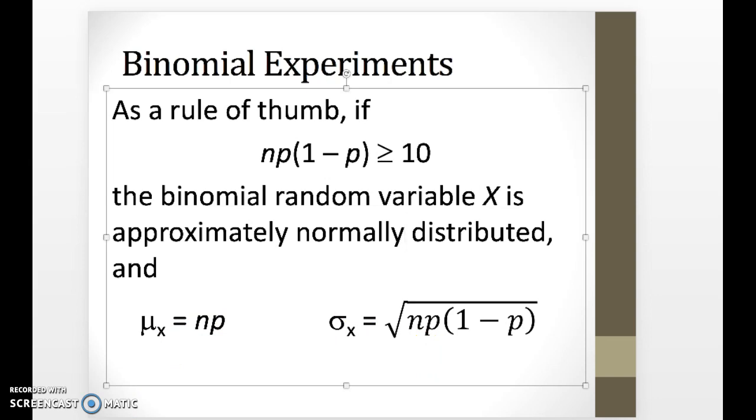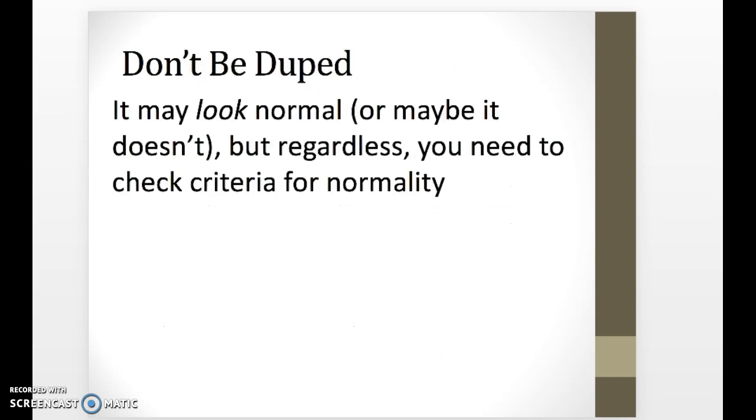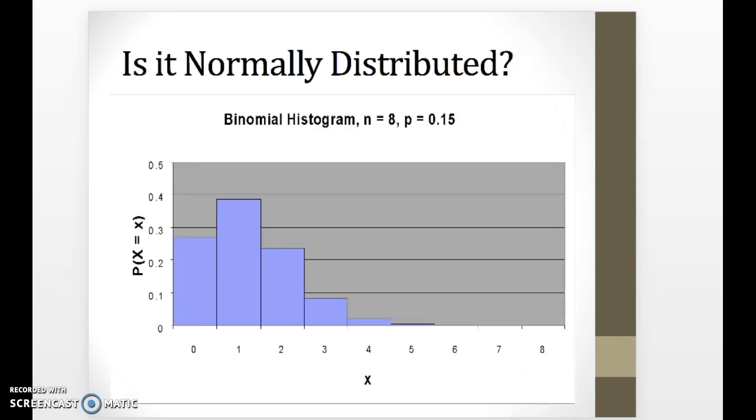So what I want to do next is take a look at an example, actually 3 examples. And sometimes we want to be careful because sometimes a histogram could look normal, but we would want to check that criteria. So taking a look at our first example, this is a binomial histogram, just histogram instead of the almost dot plot that StatCrunch created in Chapter 6, but a similar idea.